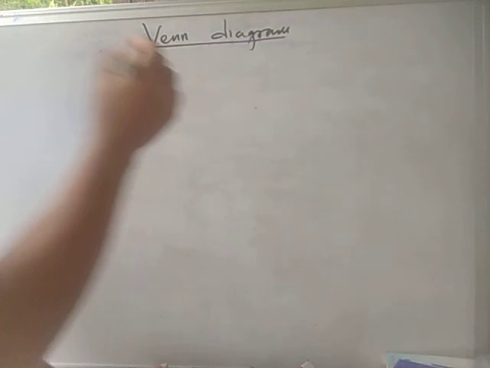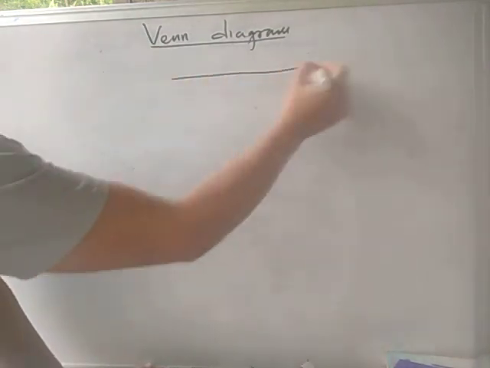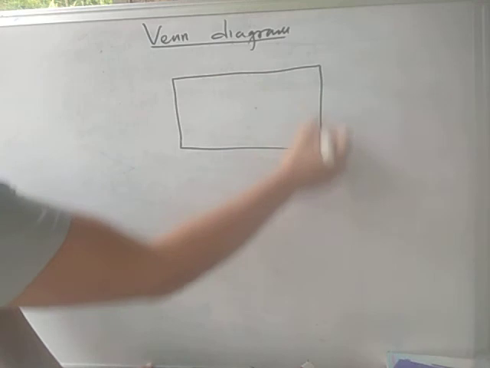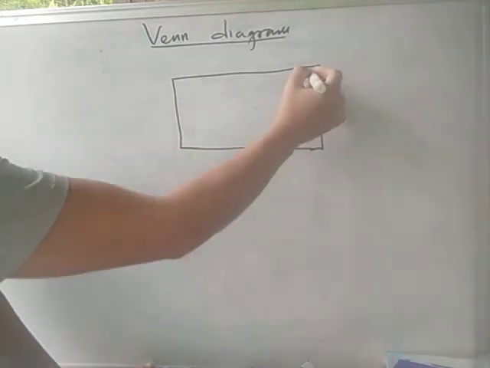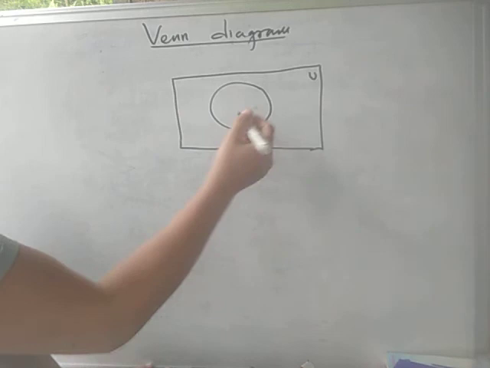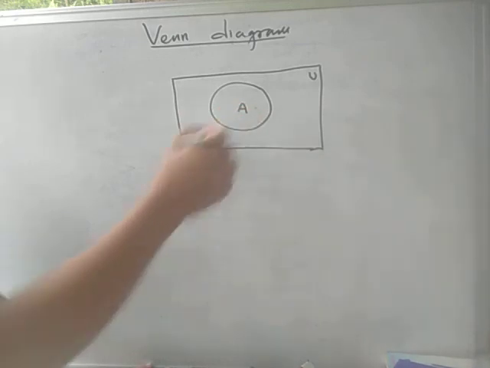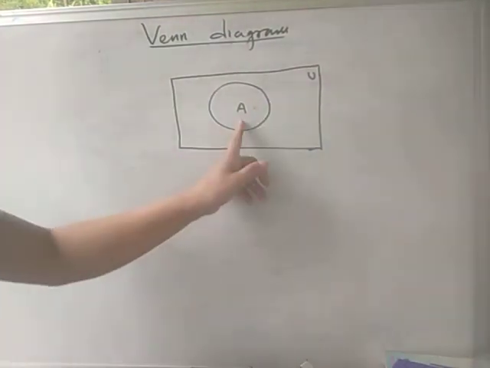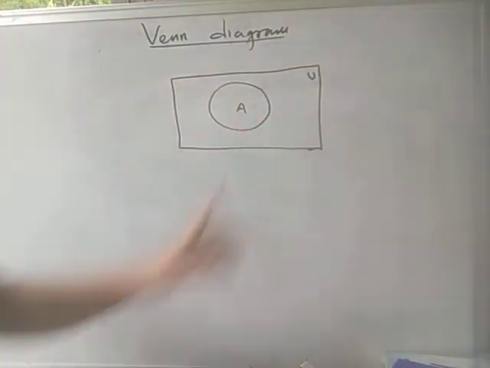What it gives is that you have a rectangle representing a set, which is the universal set, and the others are called subsets of U, let us say A. This is how the Venn diagram represents the sets: the universal set, and this is your subset of U.